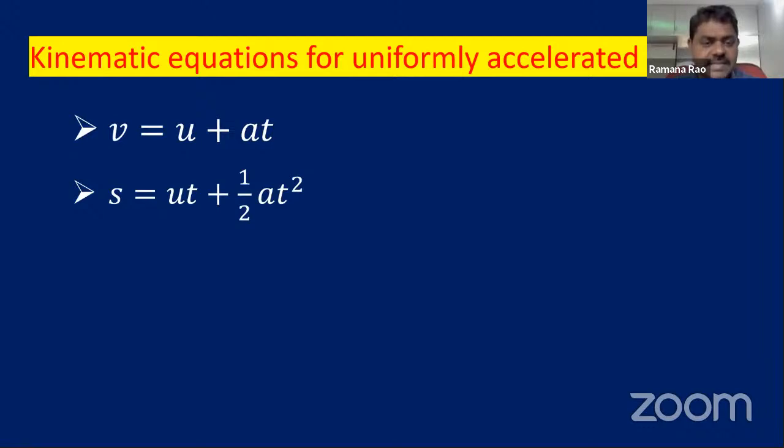The kinematic equations that we discussed till now are v is equal to u plus at, s is equal to ut plus half at square, v square minus u square is equal to 2as. These are the equations of motion for uniformly accelerated motion, where the initial displacement of the body is 0.